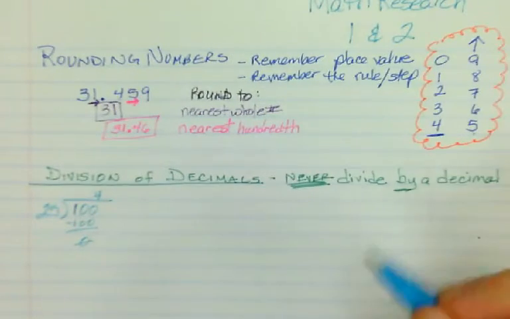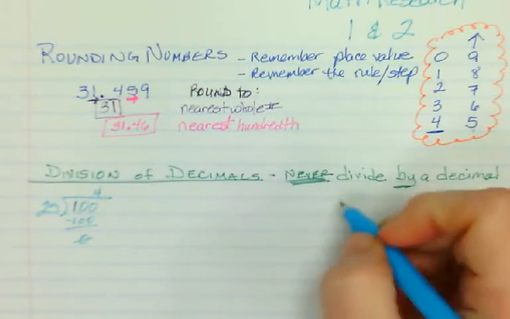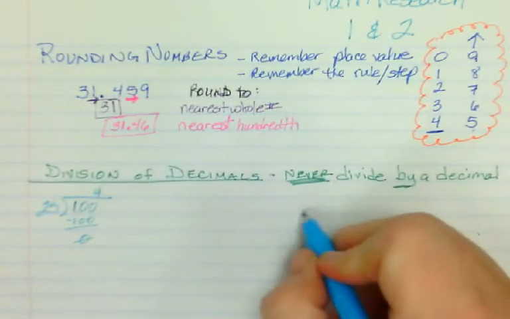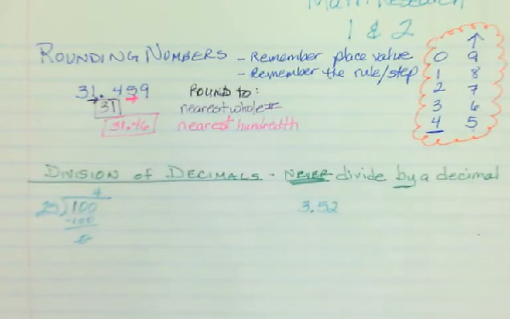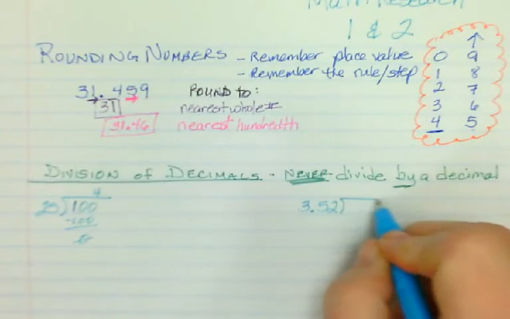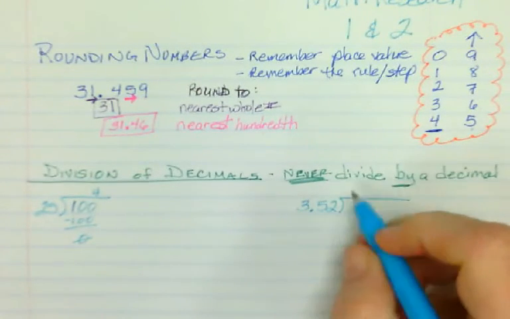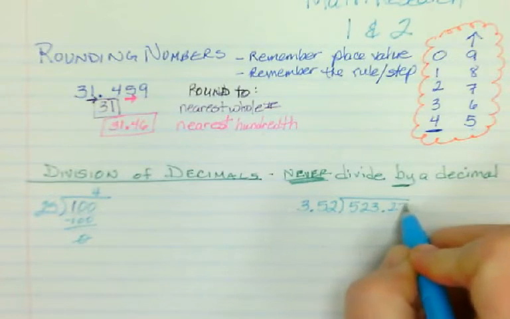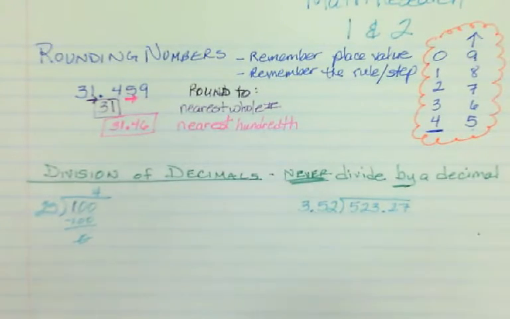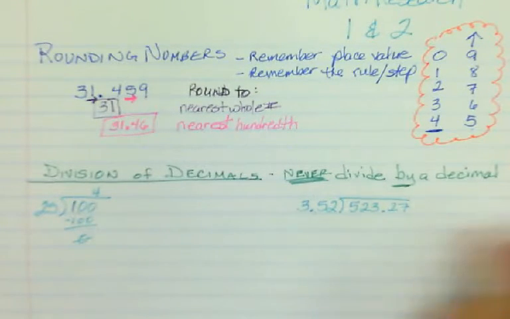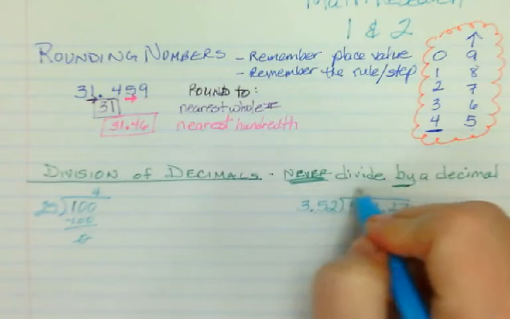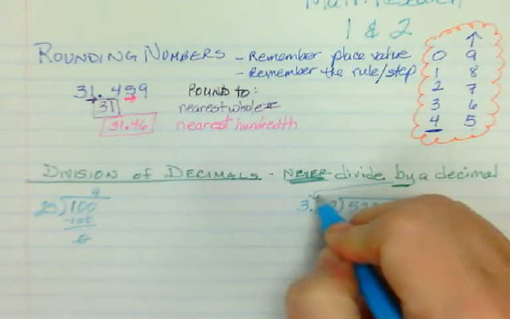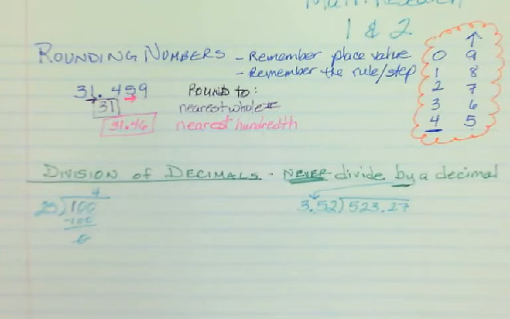But what if I have something like 3 and 52 hundredths, and I'm going to divide 523 and 27 hundredths by 3 and 52 hundredths, okay? This is what I'm talking about. Never divide by a decimal.